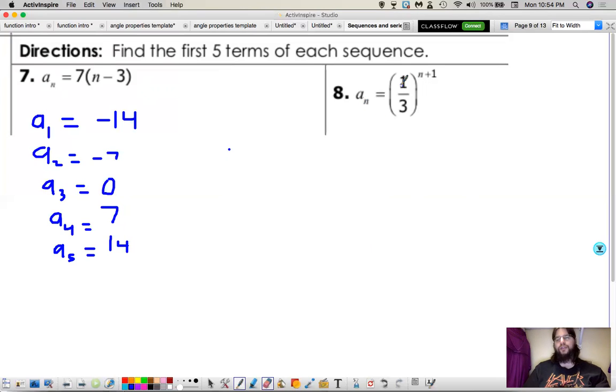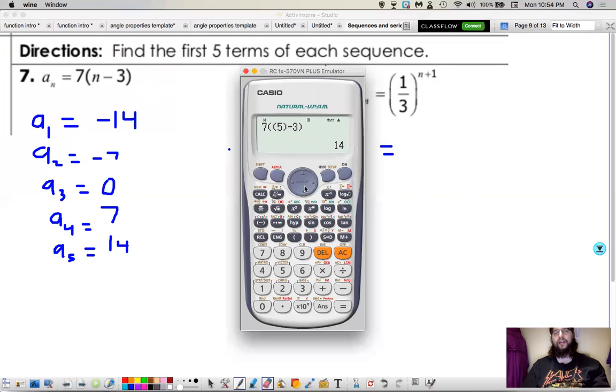Okay, number 8. Let's see. We've got a fraction. Who cares? Just use your calculator. If I want a1, I'm just going to plug this formula into my calculator. Parentheses, fraction, 1/3. Make sure your parentheses is in the, not in the denominator.